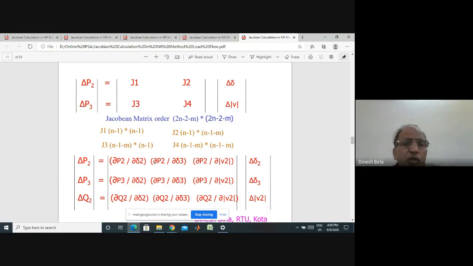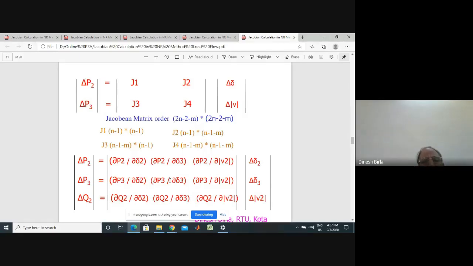You see, in the Jacobian, J1 represents the partial differentiation of each active power with respect to each angle. So that is why we have got the partial differentiation of P2 with respect to del 2 and del 3, then of P3 with respect to del 2 and del 3.